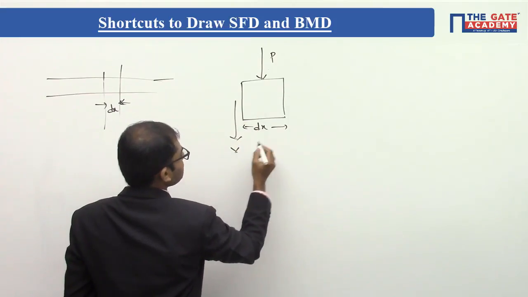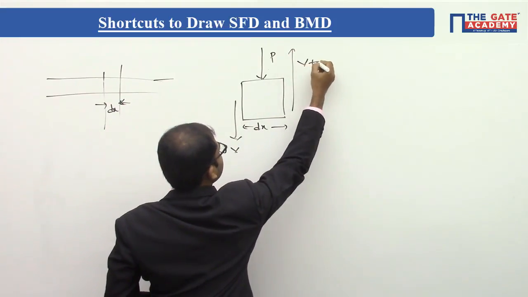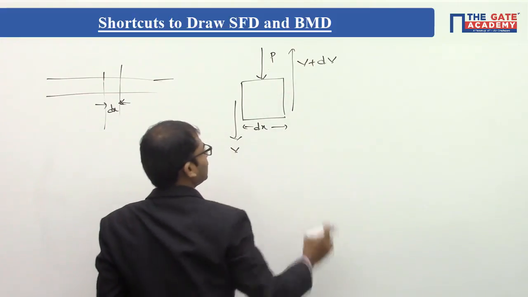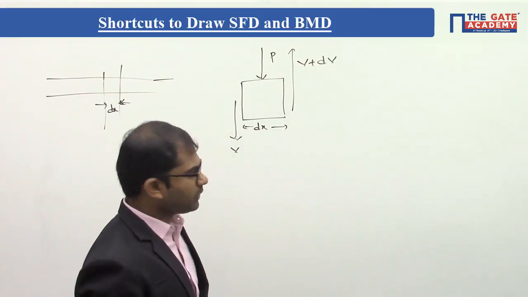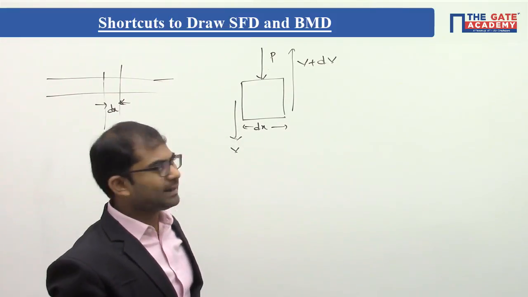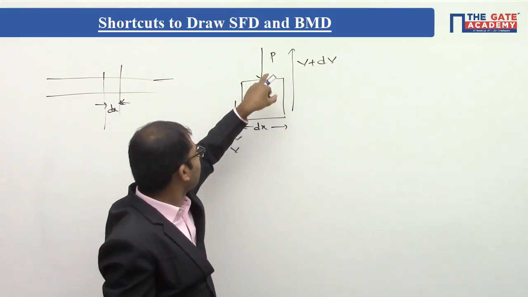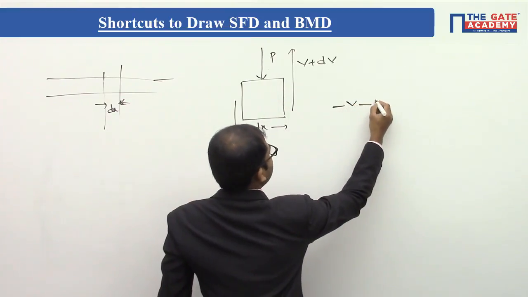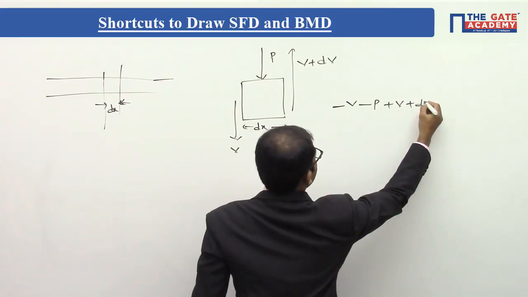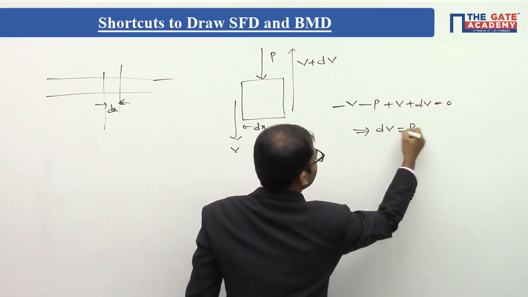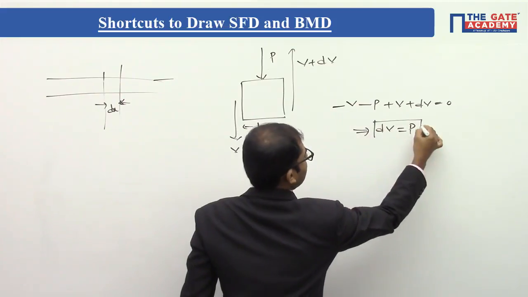Let's take shear force V on one side and V plus dV on the other. Now let's take the equilibrium equation to get the relation between dV and P. You'll get minus V minus P plus V plus dV is equal to 0. This implies dV is equal to P.